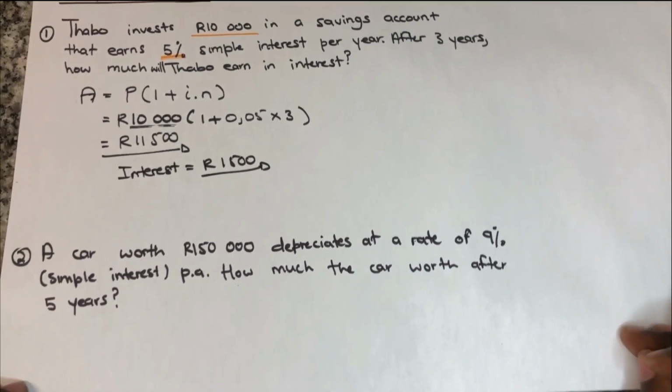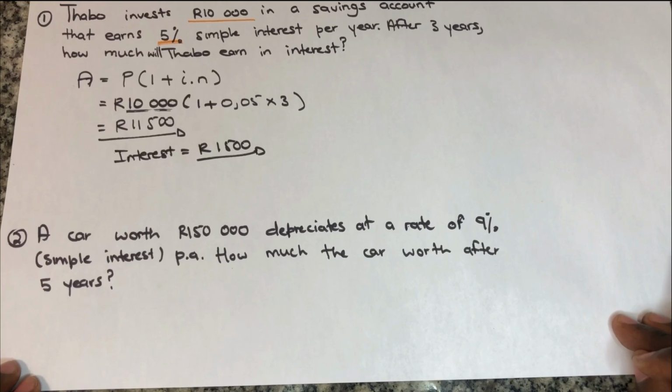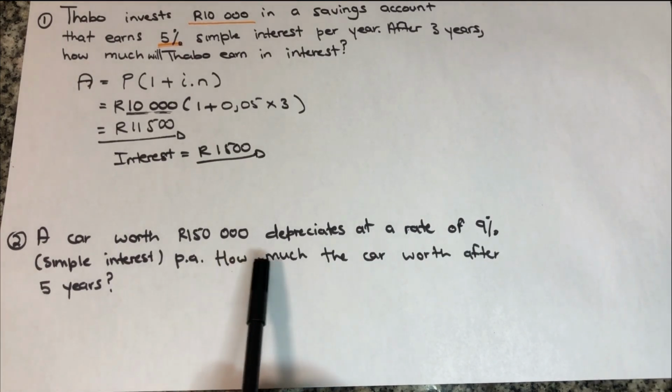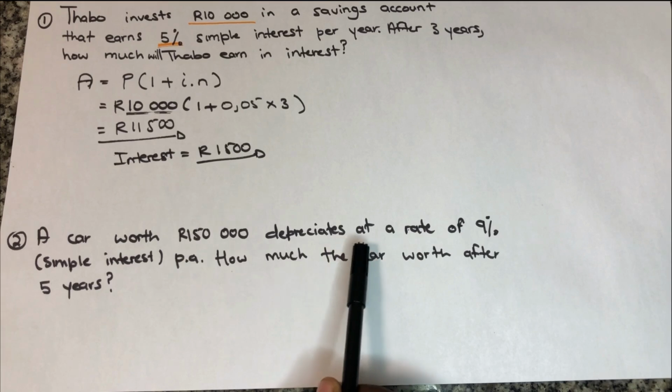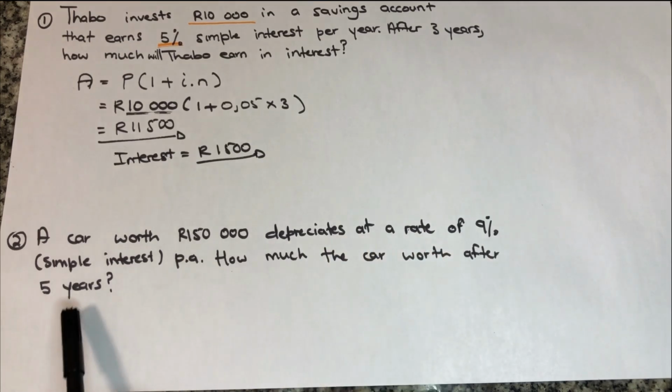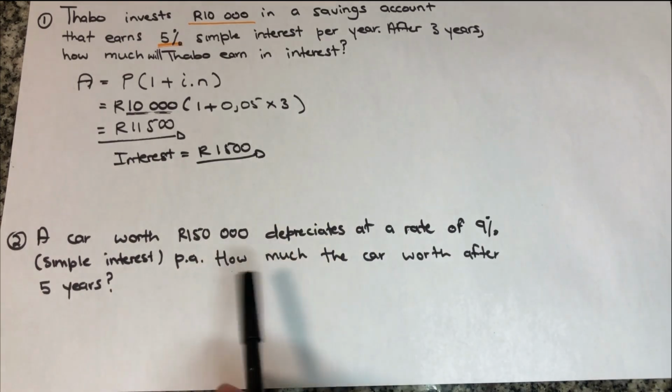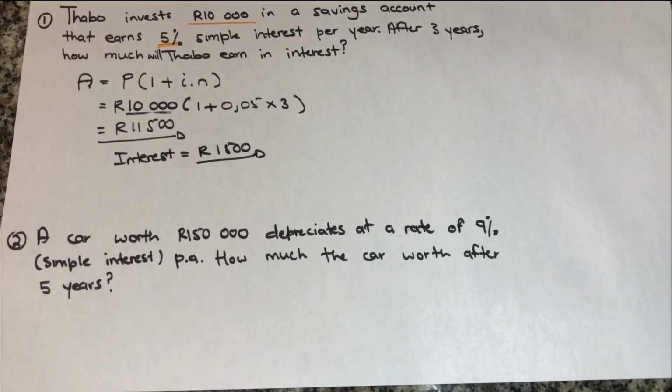We have the second example question, which is number 2. A car worth 150,000 rands depreciates at a rate of 9% simple interest per annum, which is per year. How much is the car worth after 5 years?